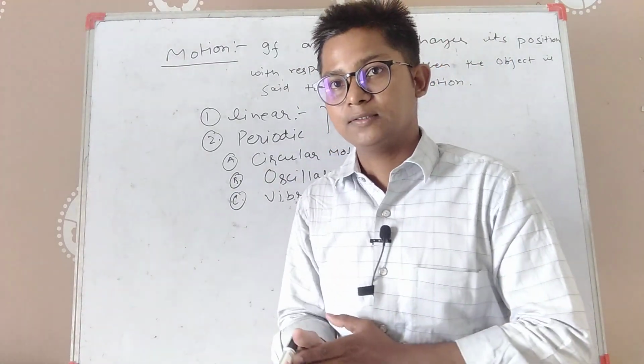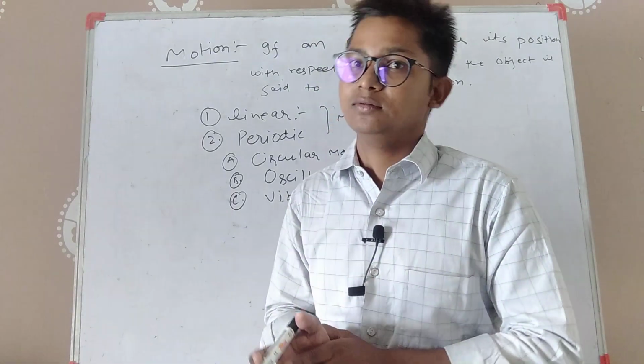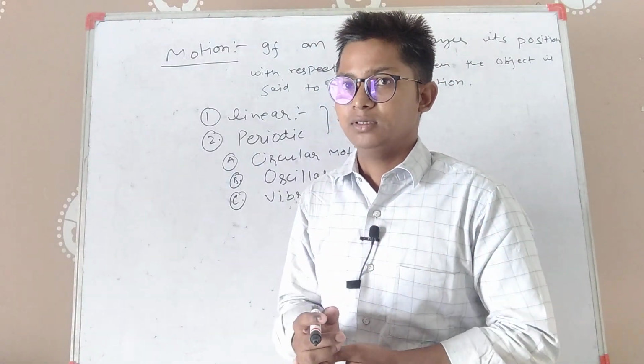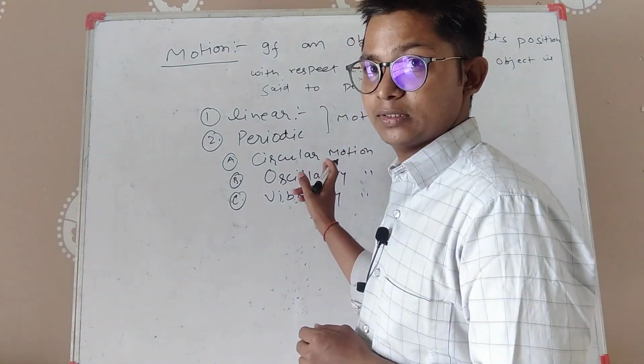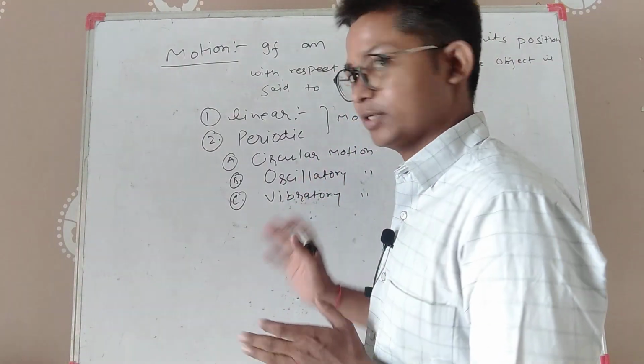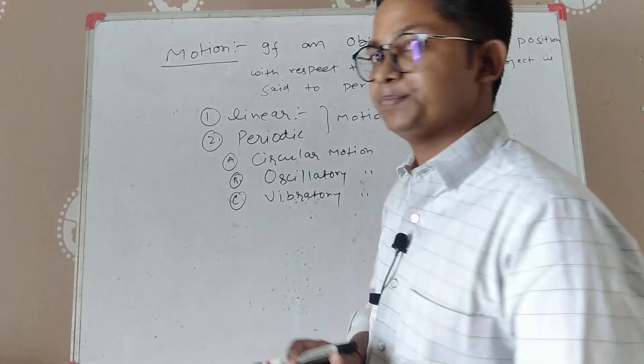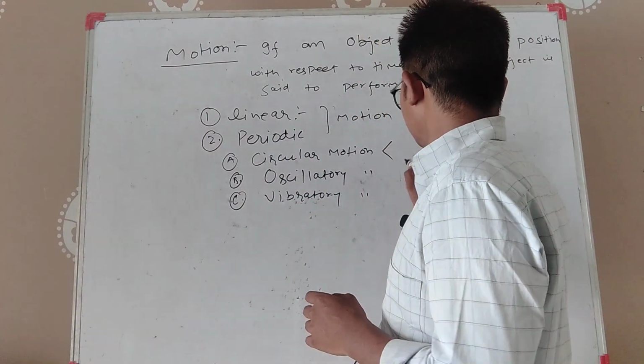If an object repeats its motion in a certain interval of time, then the motion is said to be periodic motion, just like circular motion, oscillatory motion and vibratory motion. Circular motion is also of 2 types.